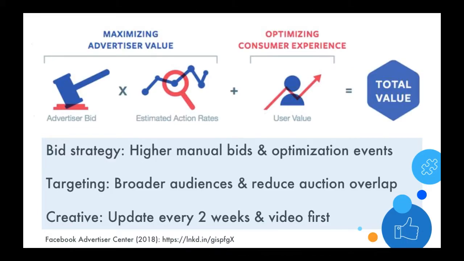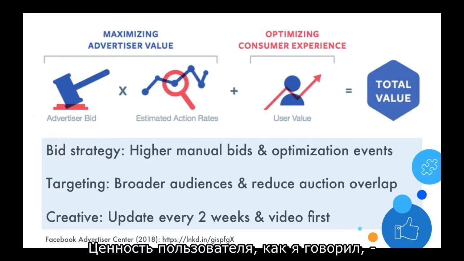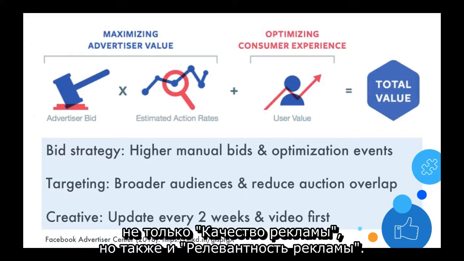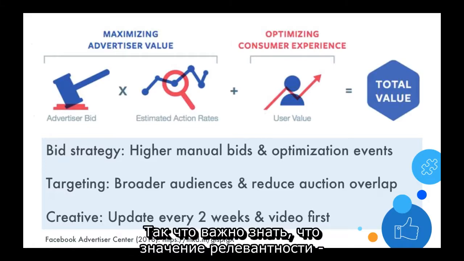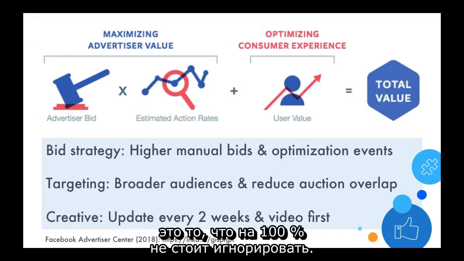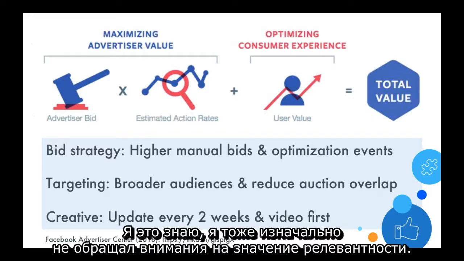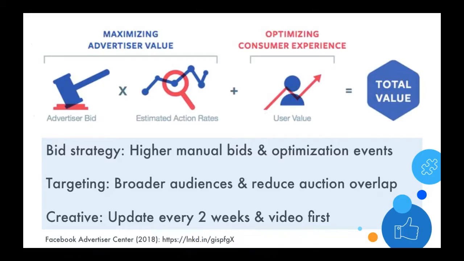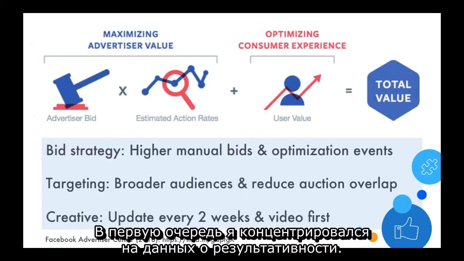Okay, the user value, as I said, is not only the ad quality but also the ad relevance. So that's important for you to note that the relevance score is something that you should not 100% neglect. Okay, I know I'm also not the person who primarily takes a look at the relevance score. I primarily focus on my performance data.